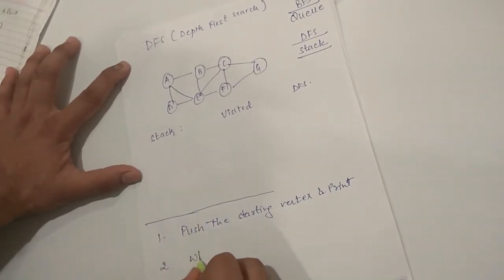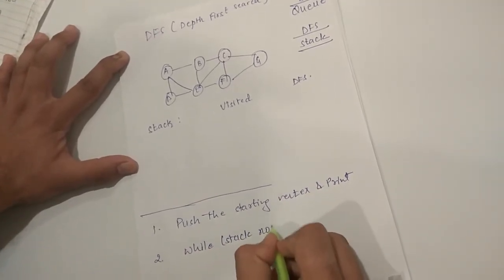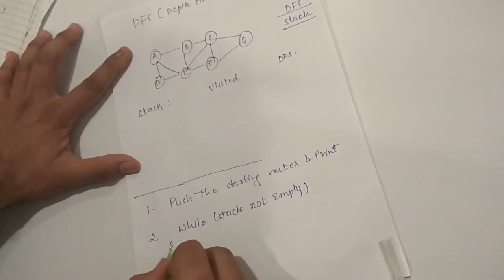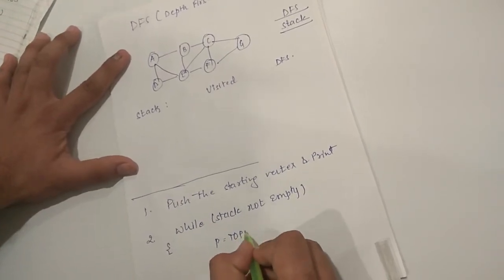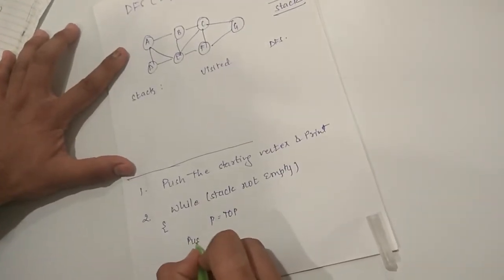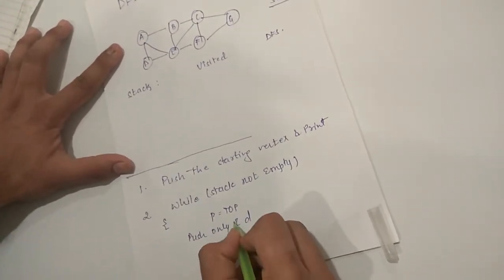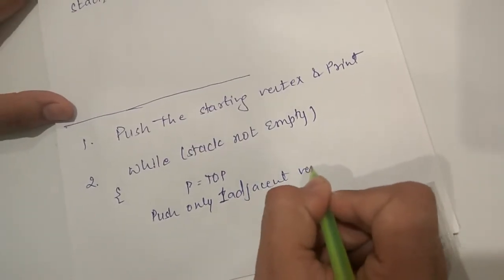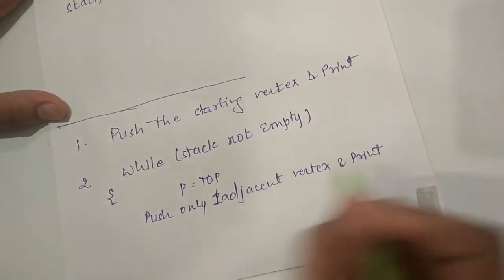Next, while stack not empty, so you need to move until the stack is not empty. P is equal to top, so P refers to the top of the stack, and you need to push only one adjacent vertex, and along with that you also need to print that vertex.